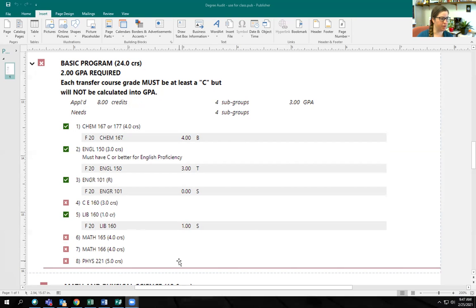But we don't have a grade requirement for chemistry or physics or CE 160. So let's say, for example, you got a D- in chemistry. That might be fine. If I have a D- in chemistry and it's pulling my GPA down, then I need to look and see, are my grades high enough in the other classes to keep that group total up to a 2.0 or higher.